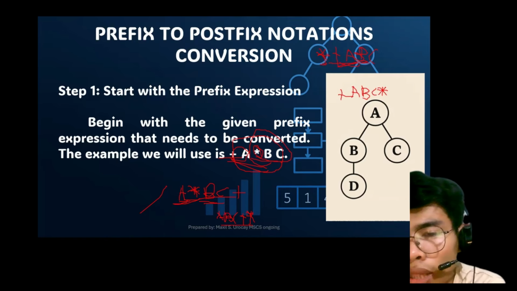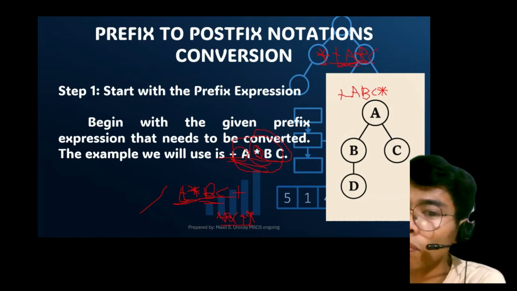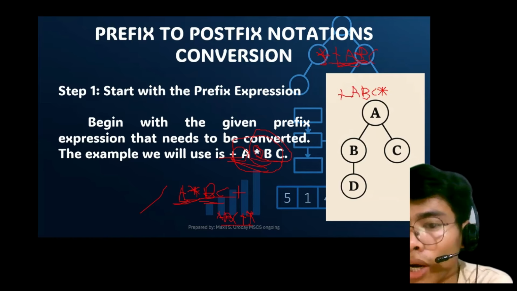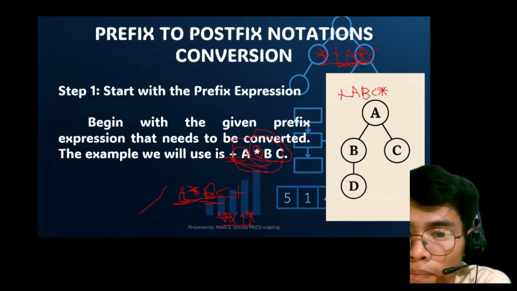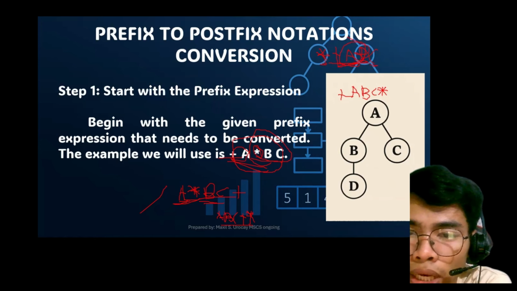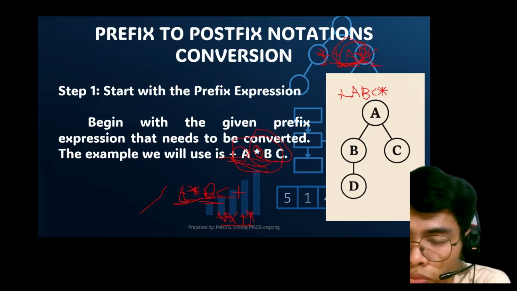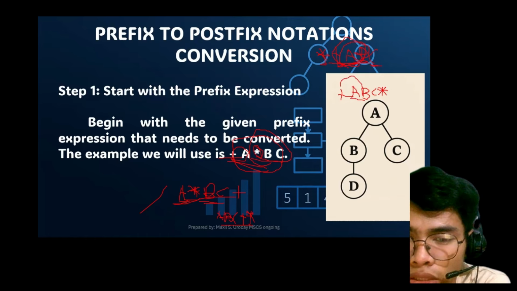Suppose that, because this is the expression in between earlier, the operands we are basing on are AB and C, correct? So this is in between the multiplication. We can say, because it goes from right to left, here we have left AB, and that is in between of this one.